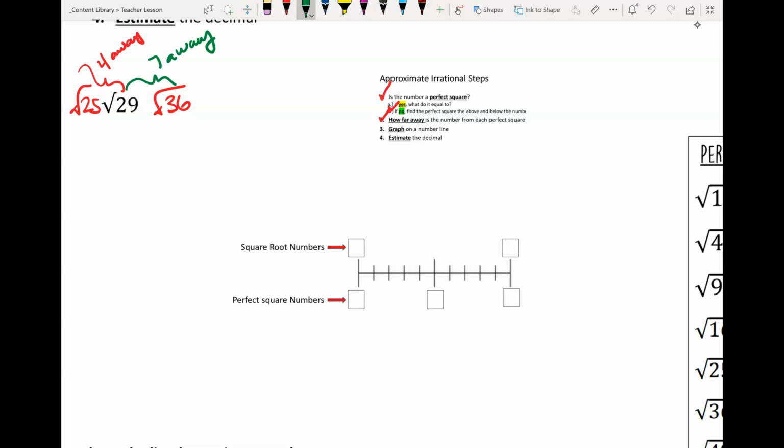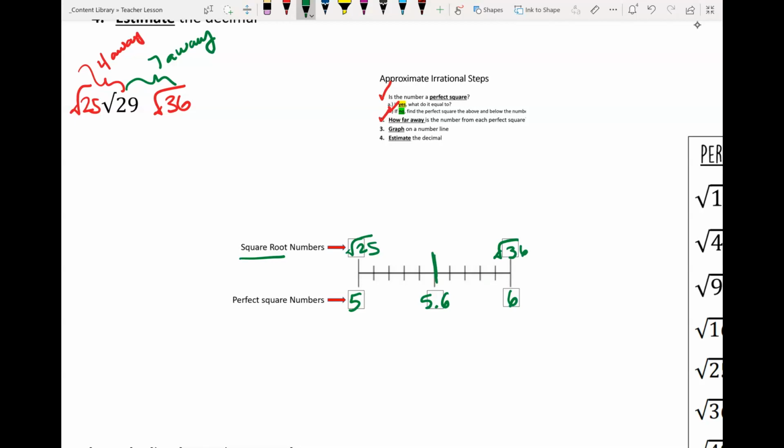Since it's 4 and 7 away, I'm going to graph the square root of 25 and the square root of 36. My perfect square numbers: the square root of 25 equals 5, and the square root of 36 equals 6. Between 5 and 6 will be 5.5. Now, I know for a fact that the square root of 29 is not in the middle.